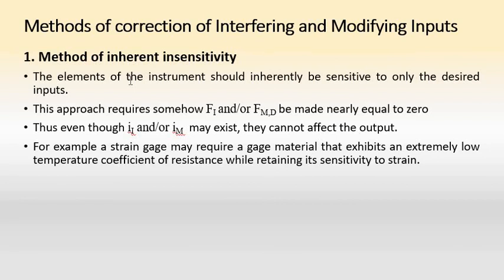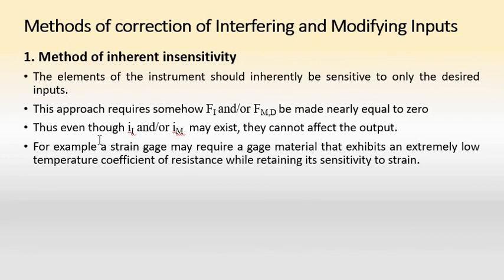So this method is implemented during the design of the measuring instrument. During that time itself we should make sure that the instrument is designed so that it will detect only the desired input and other unwanted inputs will be rejected by this instrument.